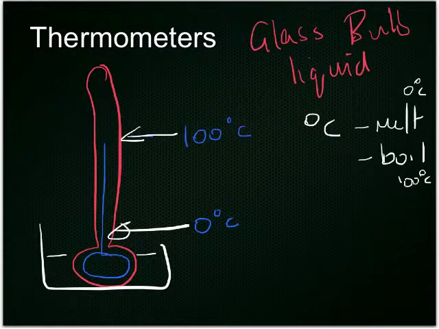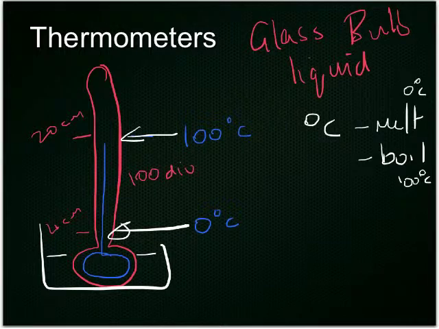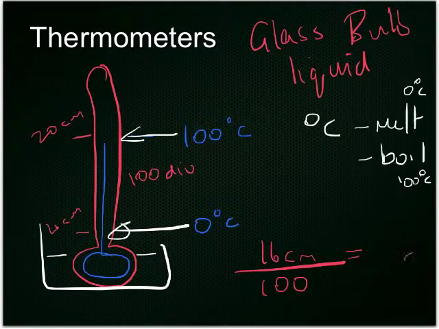Let's say this was 20 centimeters, this was 4 centimeters. Then in between that you're going to put in 100 divisions. So to find out the size for each division, you find the rise, which is going to be in this case 16 centimeters, and divide by how many divisions, and it tells you how many centimeters per 1 degree C.